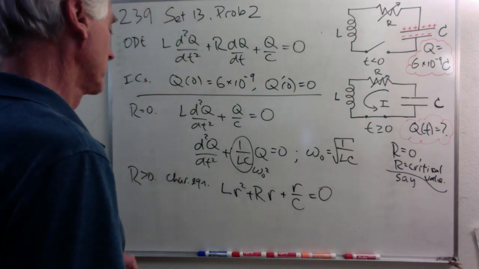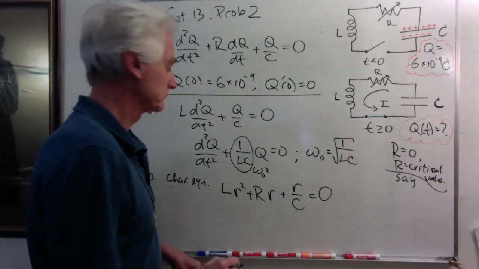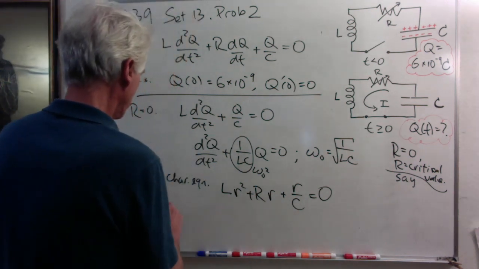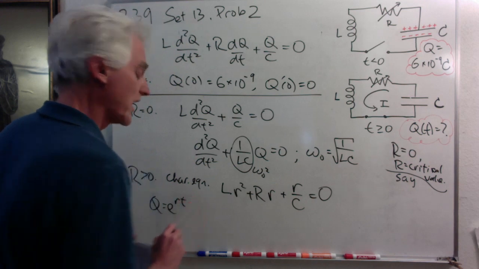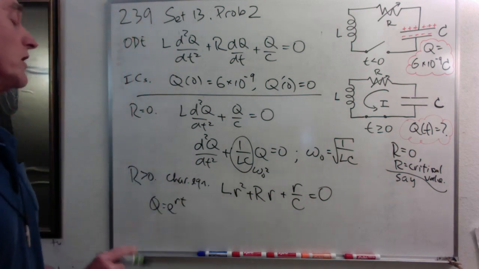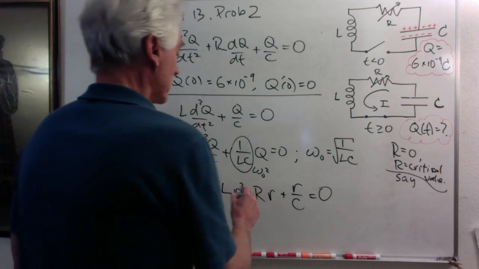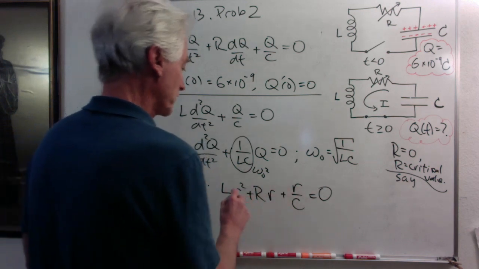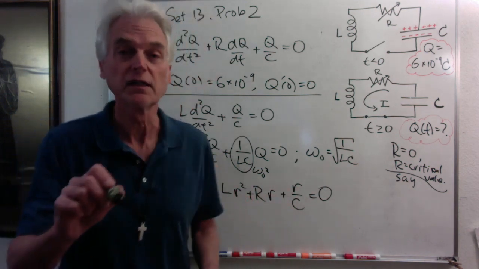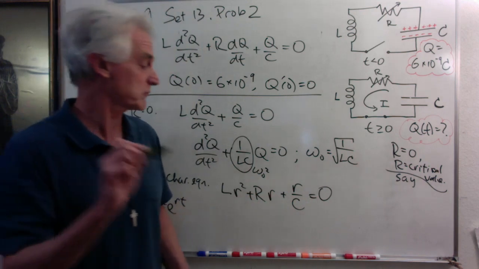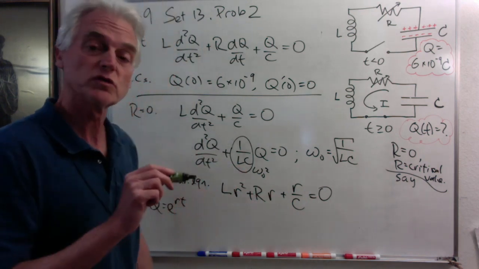So, right, this is for Q is e to the rt type solutions. So we get this quadratic equation for the root r. So critically damped means that the roots are repeated.